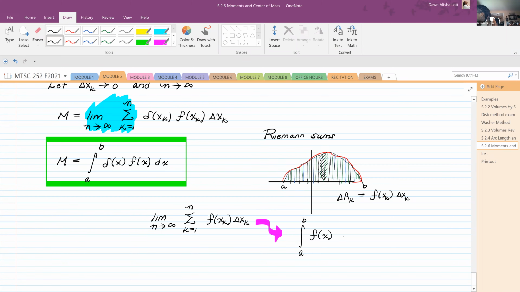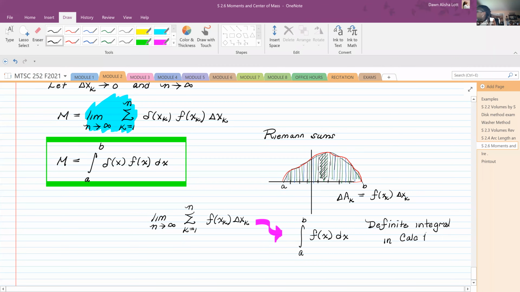So that's how we defined the actual definite integral in Calc 1.